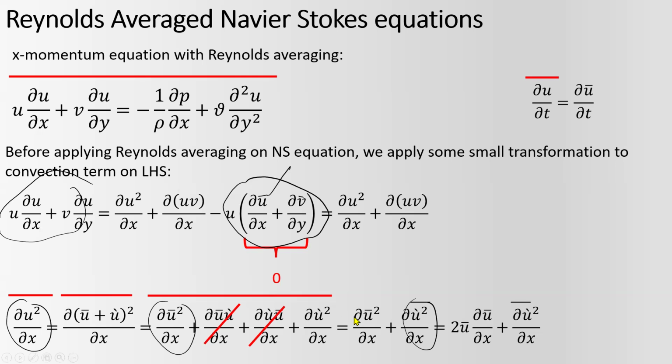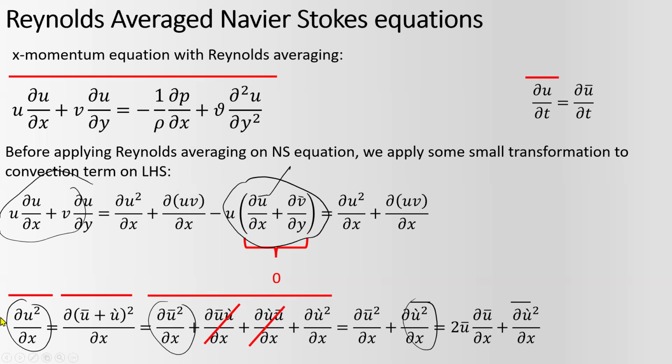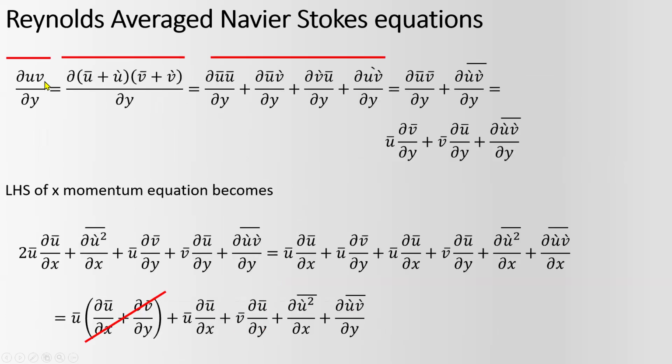So we ended with these two terms. Now if I put the bar, this will be 2u bar ∂u/∂x, and this will be ∂(u dash square bar)/∂x. Now going to the second term, ∂(uv)/∂x, I can write u equal to u bar plus u dash, and v equal to v bar plus v dash.